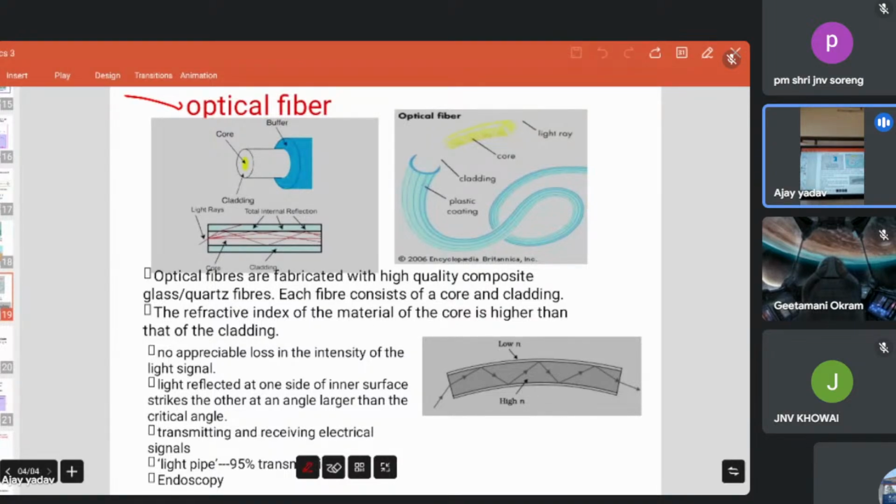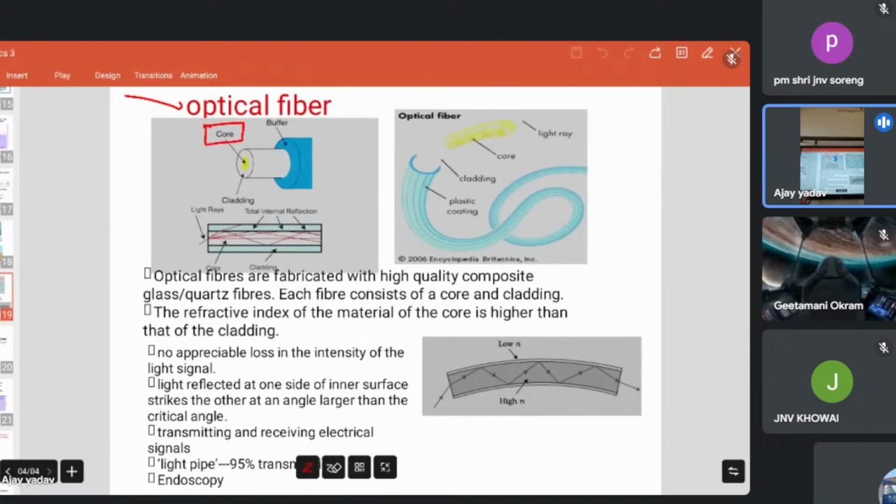Optical fibers are used in many things and technologies nowadays. In medicine also we use them. We use them in transmission of signals. It is made of, the first material is core.